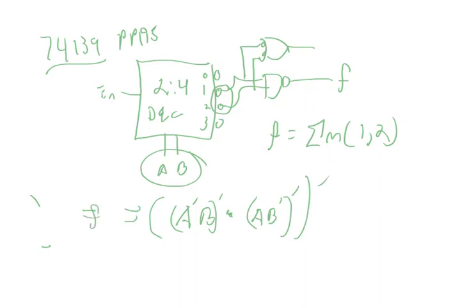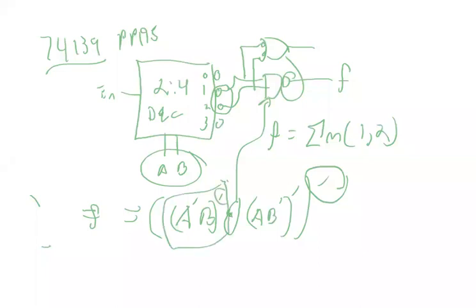So the part over here where it's inverted, that's equivalent to this part. The part over here where it's ANDed, that's equivalent to that part. The part over here where it's inverted, that corresponds to that part.